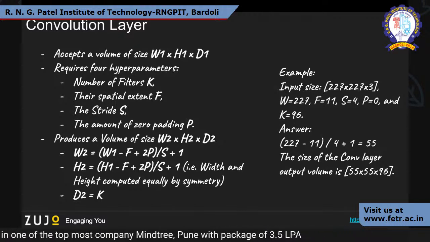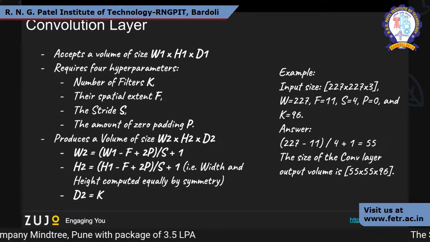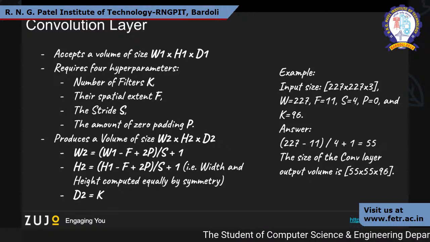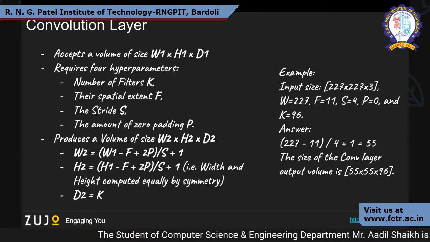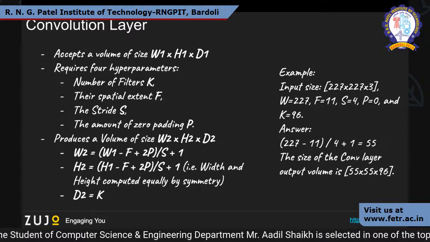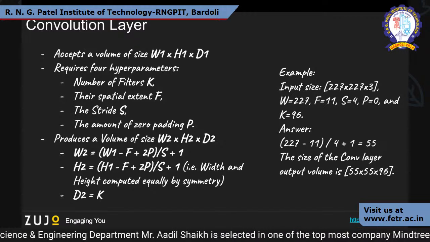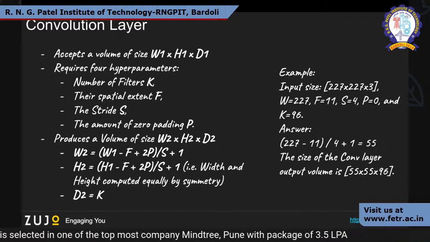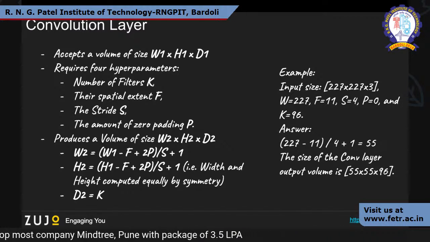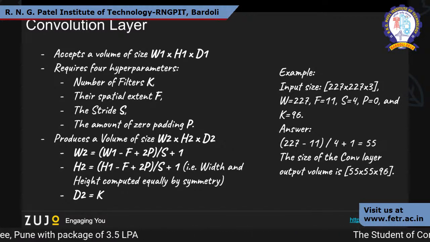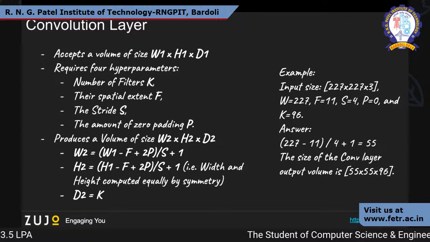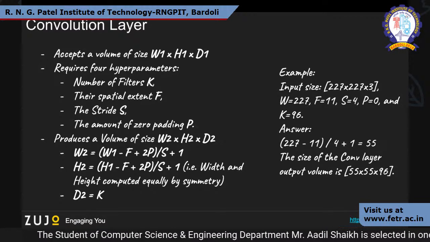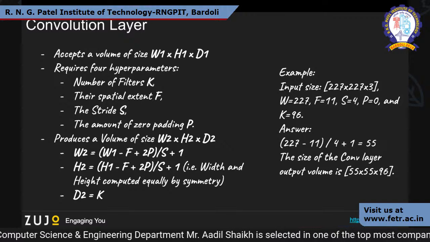Let's take an example. As you can see, the example on the screen, where the input is 227 by 227 by 3. 227 height of the image, 227 width of the image, and 3 channels of image, red, green, and blue, RGB basically. So in this case, W is 227, F is 11, which we had given as spatial extent, S is 4, which is stride as 4, padding as 0, and K as 96. K means the filter, basically 96.